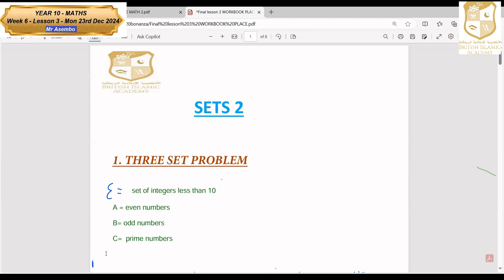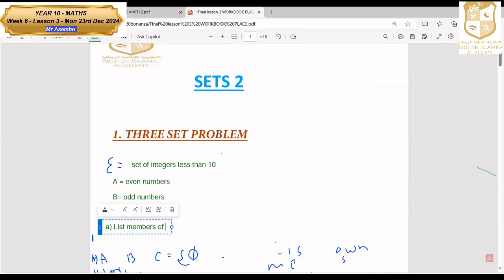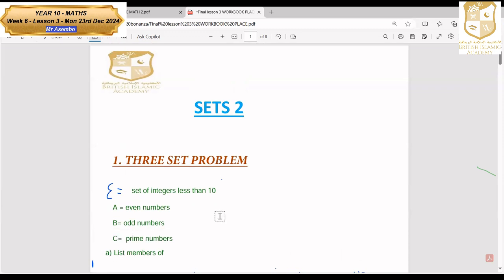So part A says list members of Roman 1, the members of set A. Members of set A are going to be only the even numbers less than 10.